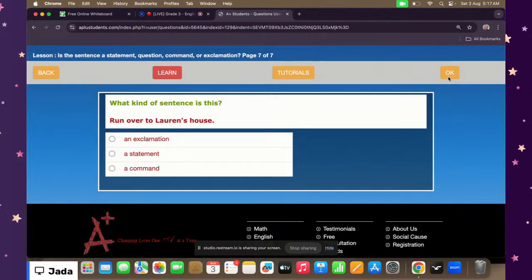Run over to Lauren's house. What is this one? Exclamation, statement, or command? Run over to Lauren's house. What is the right answer here?